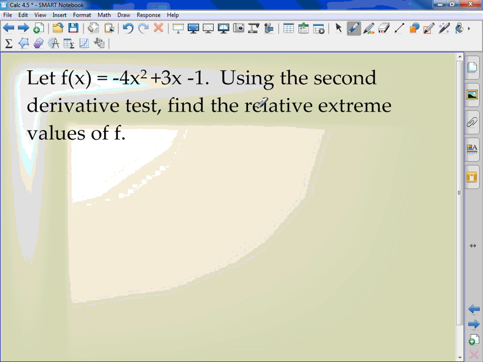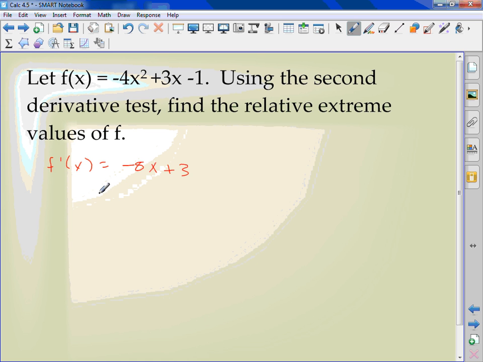Try this one on your own. Find the relative mins, maxes, whatever. The first derivative is what? Now here I can't really factor this one. This one I'm going to set equal to 0.